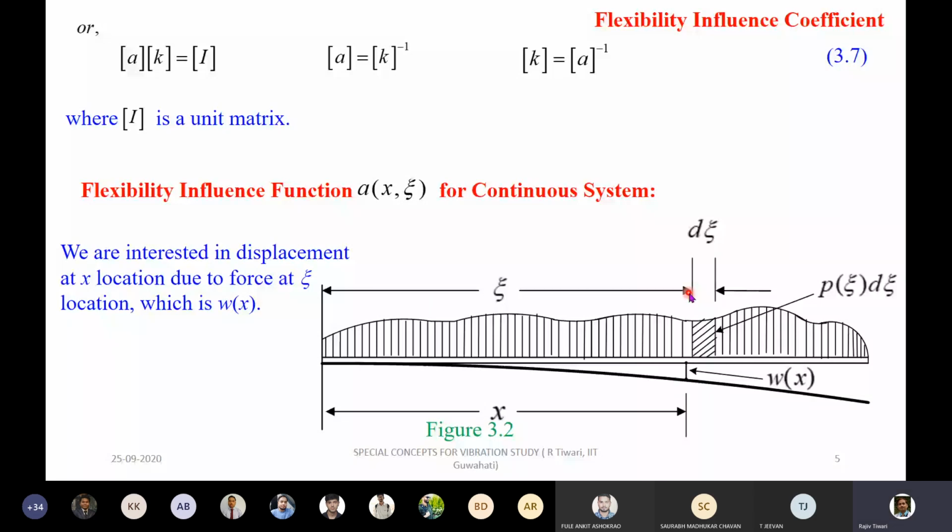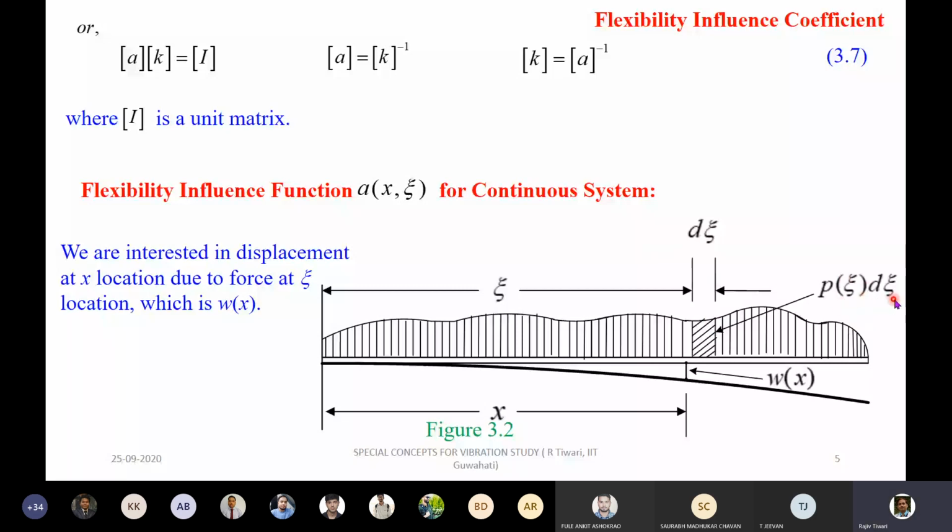So here ij is not there, but x and xi are there. So there is a force at xi. If we take a small width d xi, then the distribution of the force is p(xi). There is a force per unit length.